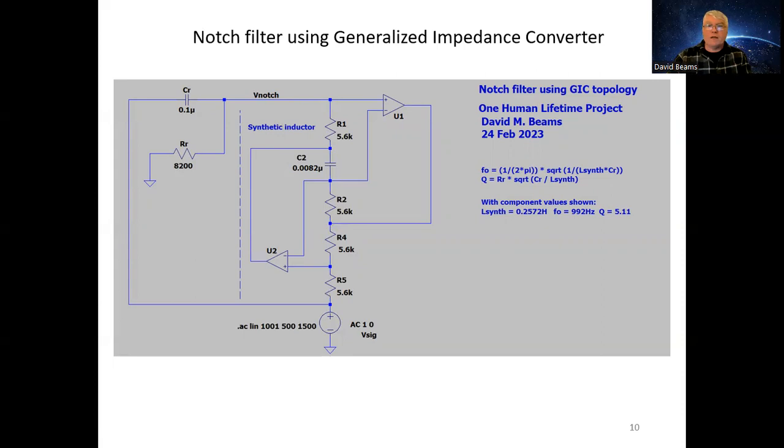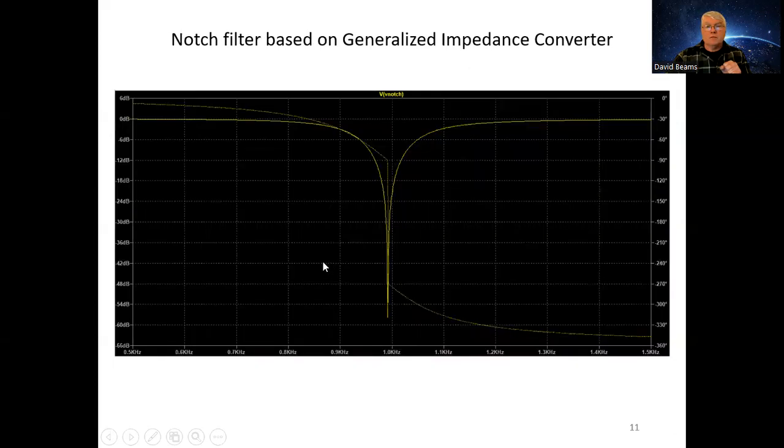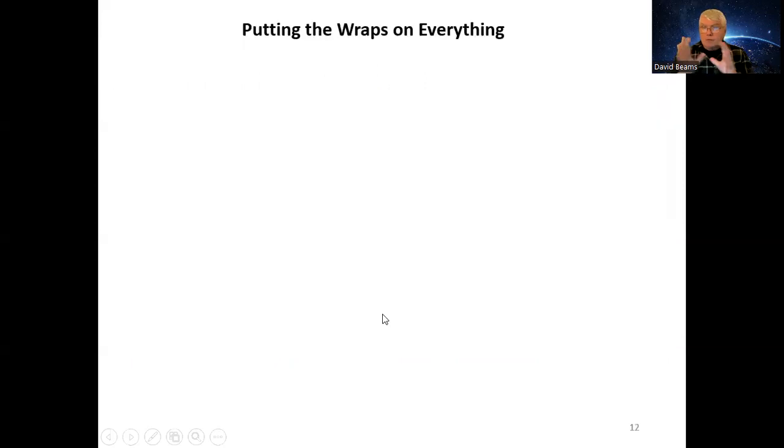So I have made here an LRC notch filter, but the inductor is synthesized by a capacitor and the generalized impedance converter circuit. And just for the record, there's its calculated frequency response with a notch, a band reject, at very close to 1 kilohertz.